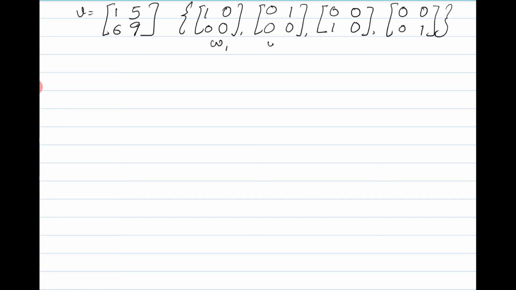So we have W1, W2, W3 and W4. So V is 1 times W1 plus 5 times W2 plus 6 times W3 plus 9 times W4.